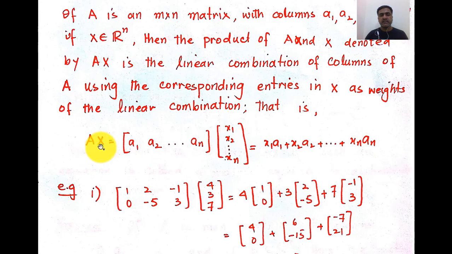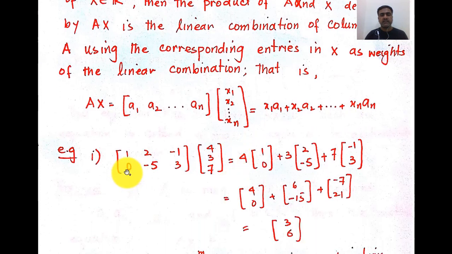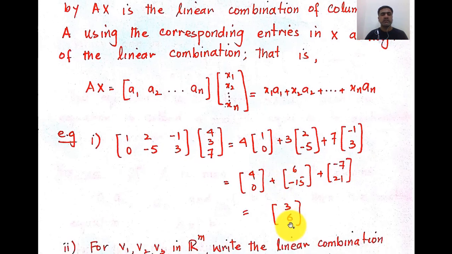And hence in this matrix equation, the entries of this vector x can be considered as weights. For example, if I have this matrix A and this vector x, this product can be written as 4 times (1, 0) plus 3 times (2, -5) plus 7 times (-1, 3), which can be simplified to (3, 6).